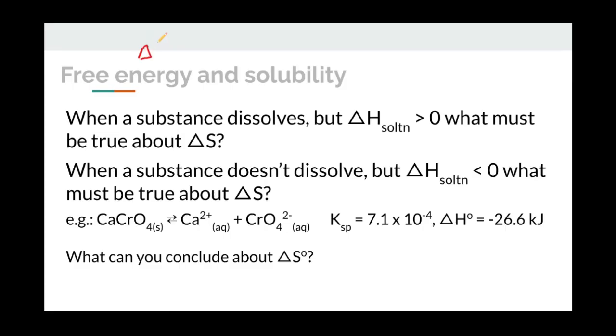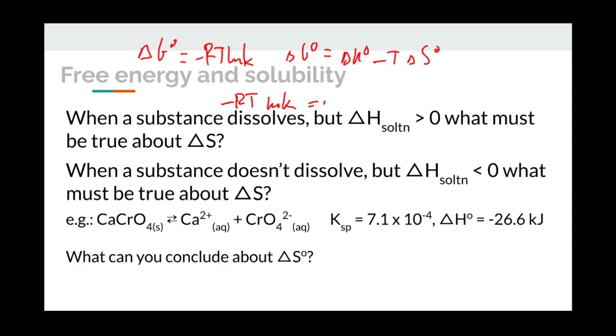We know that delta G naught is equal to minus RT times natural log of K. And we also know that delta G naught is equal to delta H naught minus T delta S naught. And we want to find out what delta S naught is. One step towards doing that would be to set these two equal to each other. So negative R times T times natural log of K equals delta H naught minus T delta S naught.